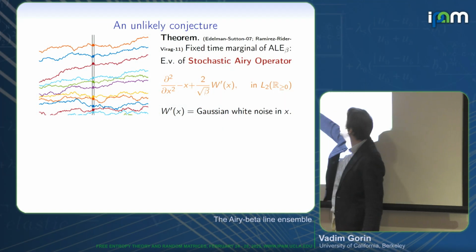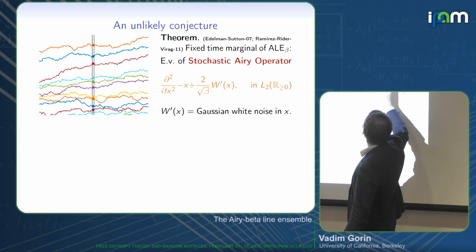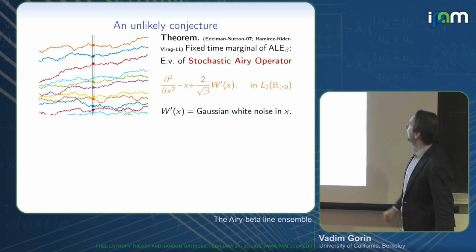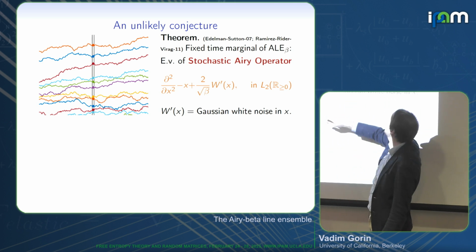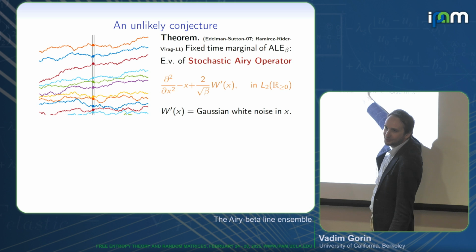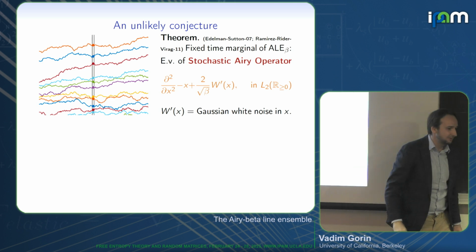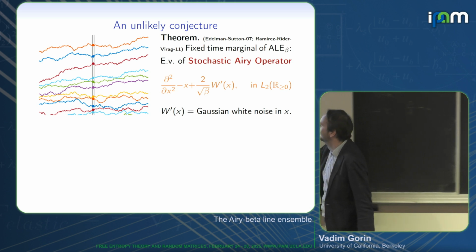There is a 2nd order differential equation which acts on the positive half line, and which has the 2nd derivative minus x. That's a little bit of a nasty object, white noise, but you can make sense of it in this situation. And again, beta enters in a very innocent way.